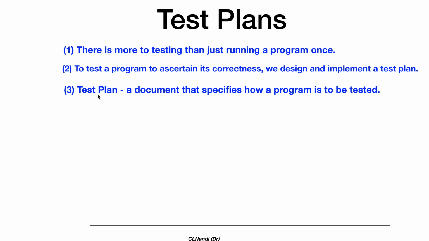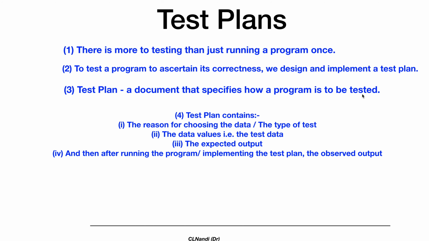And the definition of a test plan is a document that specifies how a program is to be tested. You are well advised to memorize this definition. And a test plan has several features. The test plan contains 1. The reason for choosing the data you want to test or the type of test. 2.